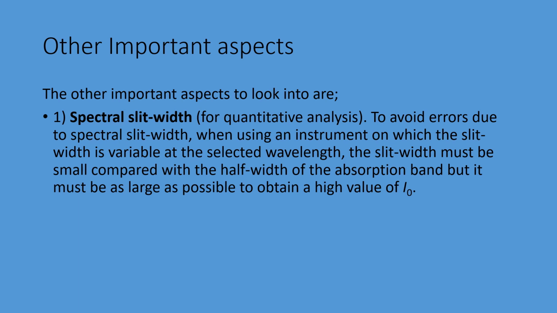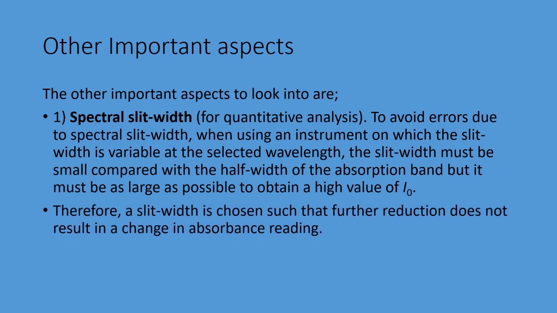To avoid errors due to the spectral slit width, when using an instrument on which the slit width is variable at the selected wavelength, the slit width must be small compared with the half width of the absorption band, but it must be as large as possible to obtain a high value of I0. Therefore, a slit width is chosen such that further reduction does not result in a change in the absorbance reading.